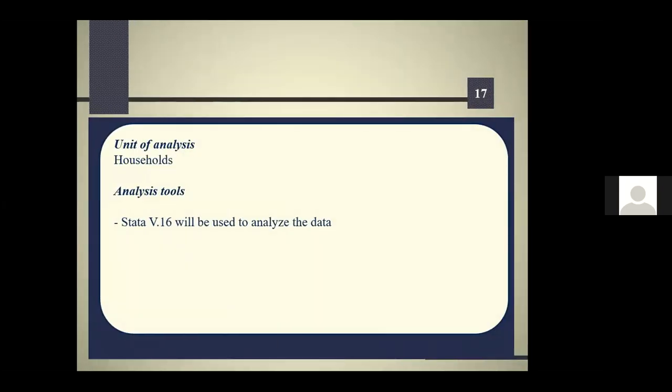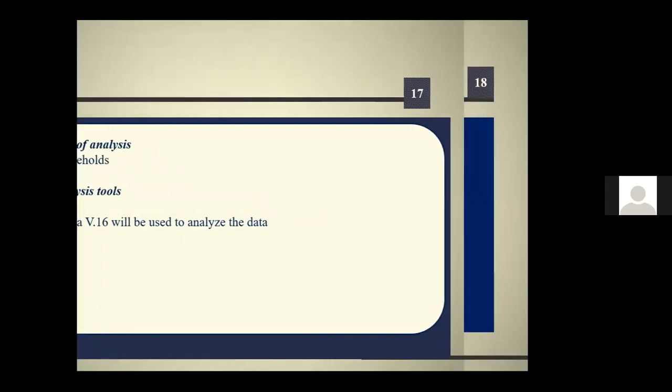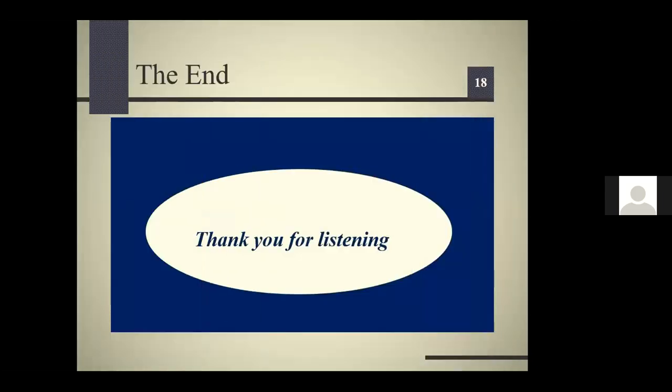The unit of analysis for this study will be the households. And the analysis tool that we are going to use basically will be Stata version 16 to analyze this data.